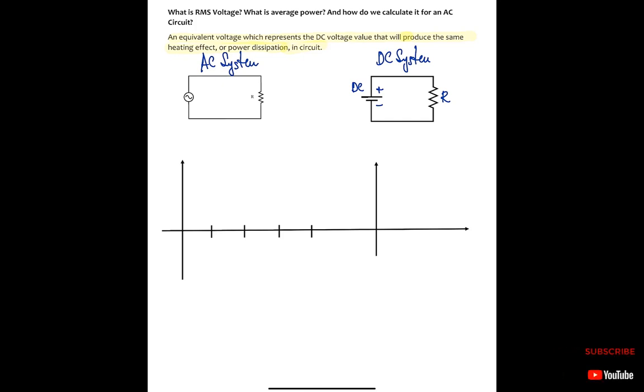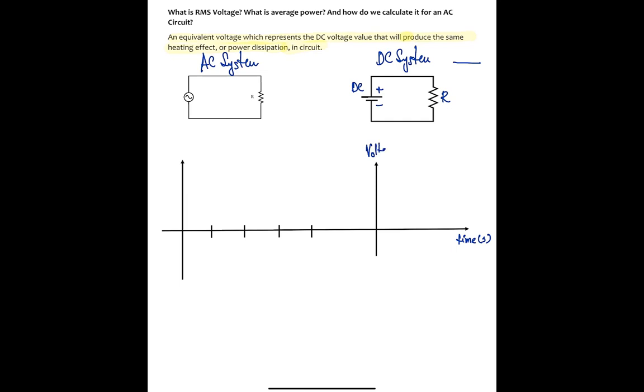Now, if you are going to plot a DC voltage or current or power for that matter, because the DC potential is basically a straight line, it's so easy to find power at any instantaneous time. So let's say, for a DC voltage to be represented on a scale of X and Y, where X is time in seconds, and then you have voltage over here.